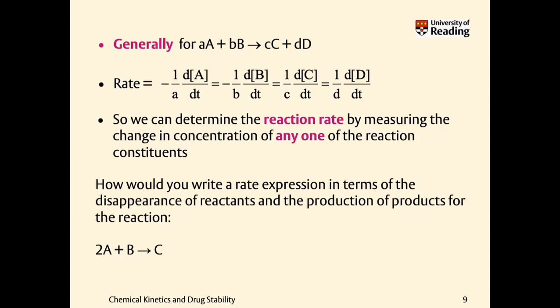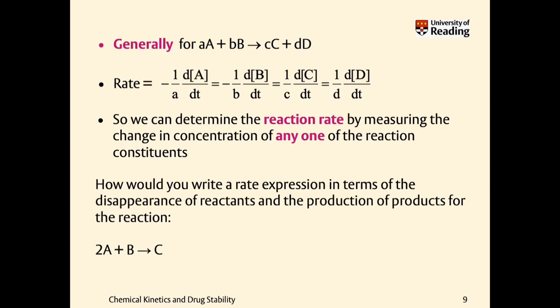So this is a general form for looking at the rate and relating the rate of consumption of those two reactants to formation of those two products, based on the stoichiometry of the reaction. It's easier to use a simpler example for you to see this working.